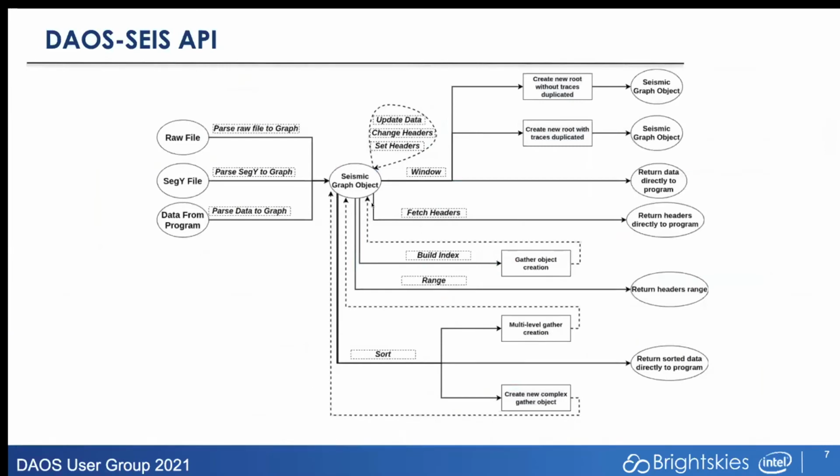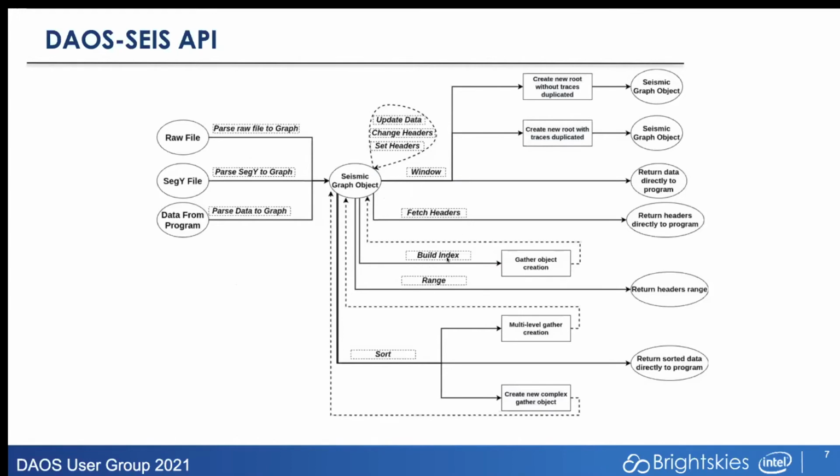Taking a quick look at our API, it supports the conversion from several other formats to the DSG format we just discussed, upon which we can perform any of the operations like fetching specific trace headers, computing the range of values for each header key, and most importantly, sorting and/or filtering, which we like to call windowing the data.